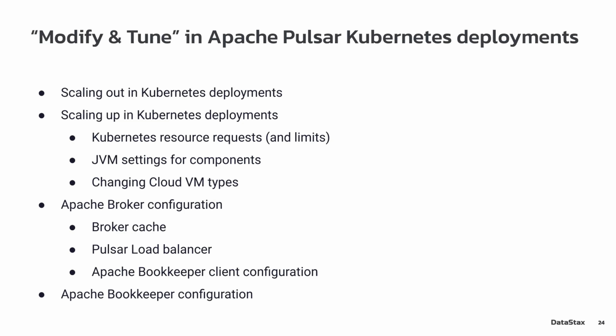Then there's a possibility of changing cloud VM types. Then, as mentioned, there's Apache Pulsar broker configuration, as we were talking about the broker cache a lot. That's one area. There's Pulsar load balancer settings, which impact the decisions on how Pulsar balances the load across brokers.